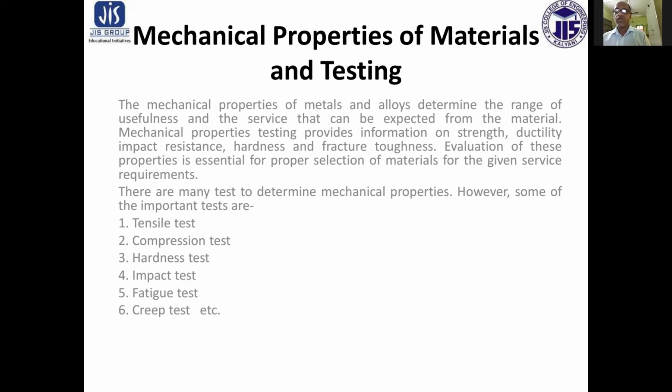Evaluation of these properties is essential for proper selection of materials for the given service requirement. There are many tests to determine mechanical properties. Some of the important tests are tensile test, compression test, hardness test, impact test, fatigue test, creep test, etc.